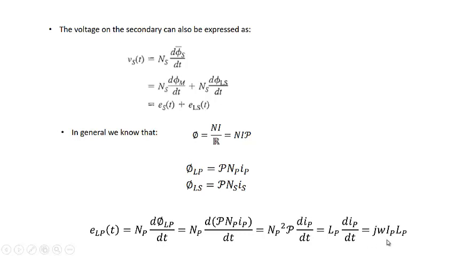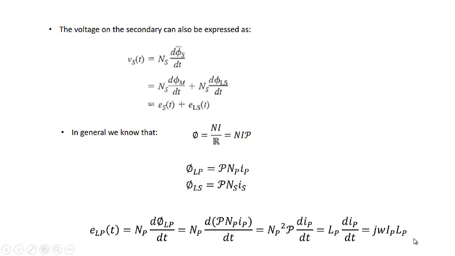So this is the inductive voltage drop. This leakage flux finally will not link to the secondary winding, so the induced EMF will definitely be less compared to the case without leakage. Since there is leakage, that leakage produces some voltage drop, and that voltage drop is inductive in nature.